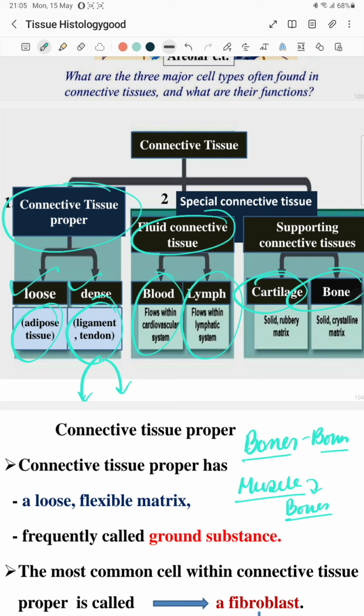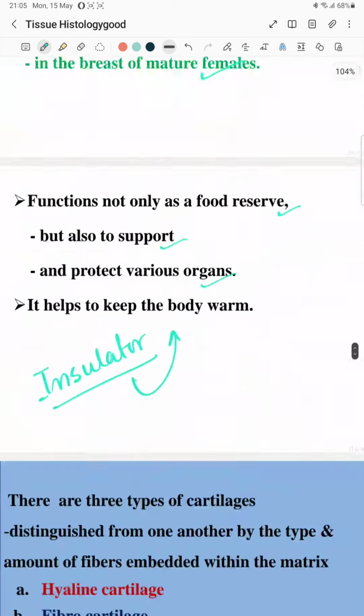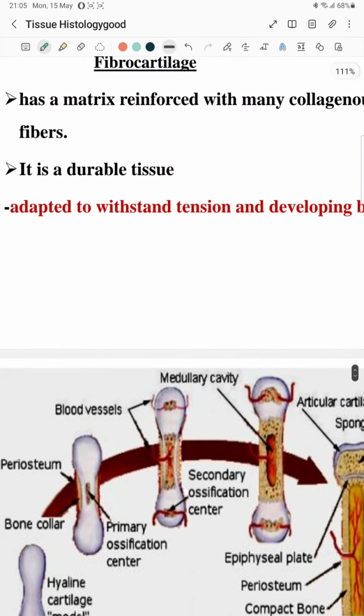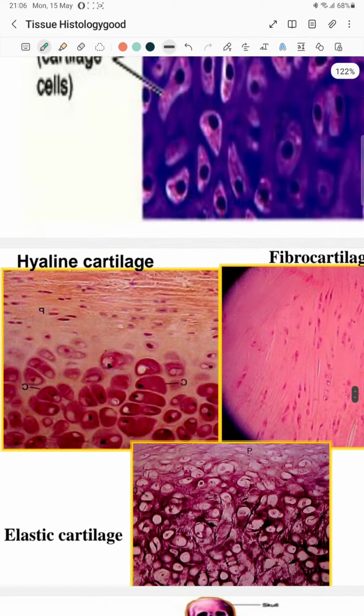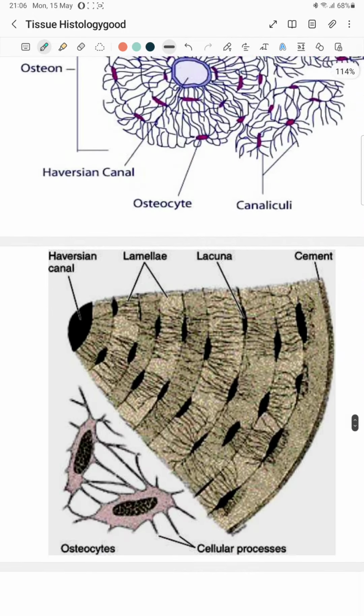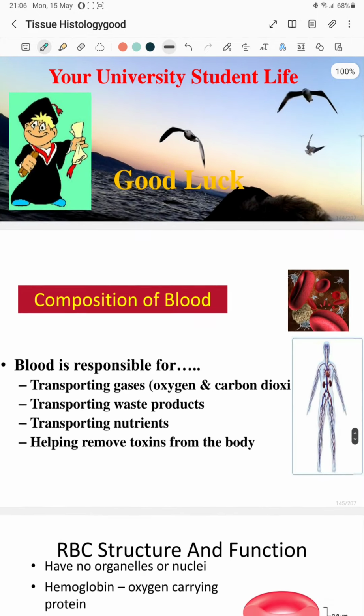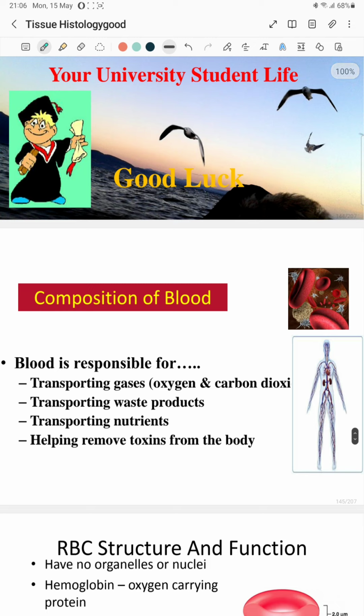Now blood. What is there in the blood? Blood is a liquid connective tissue. Blood has different types of cells and the liquid part also. The different types of cells we call RBC, WBC, platelets, and the liquid part we call plasma. So what is the function of blood?